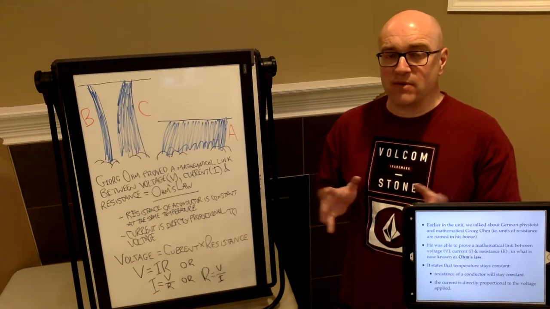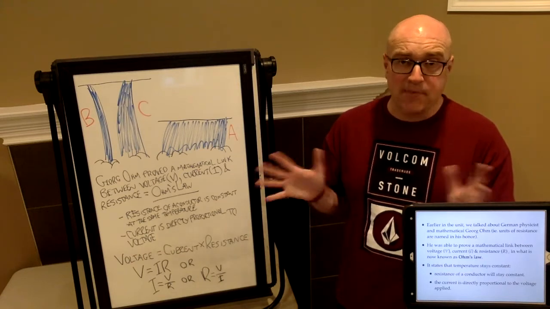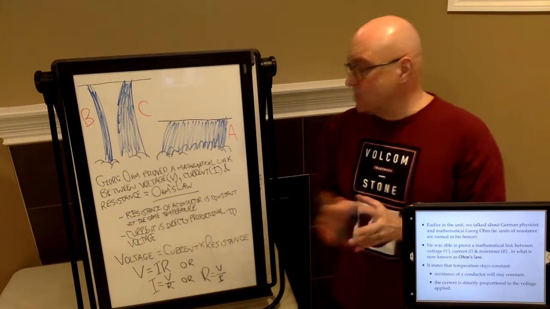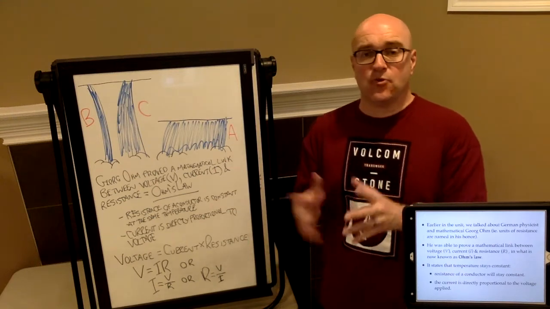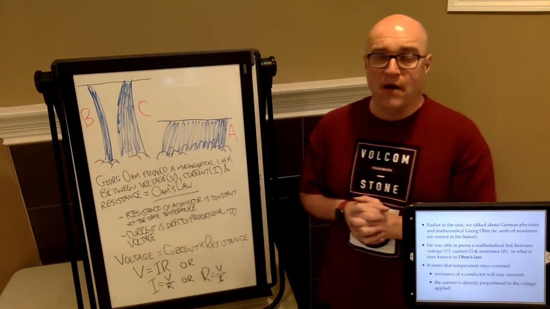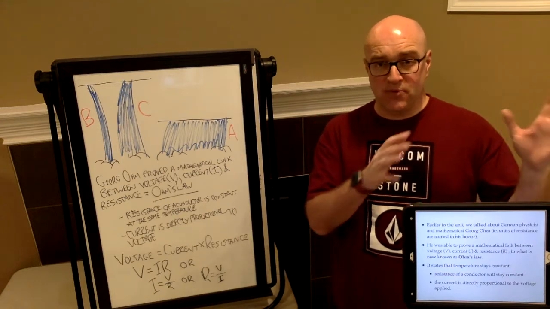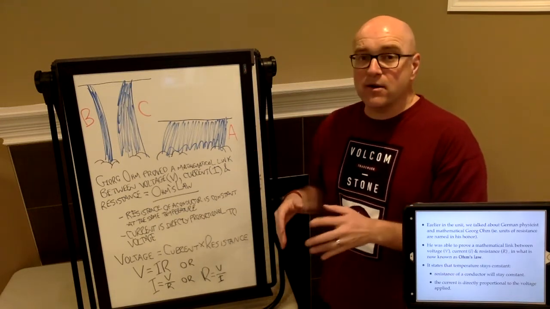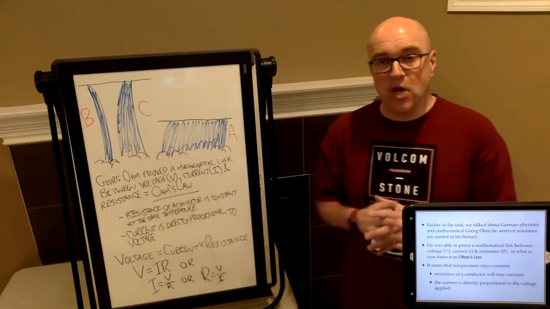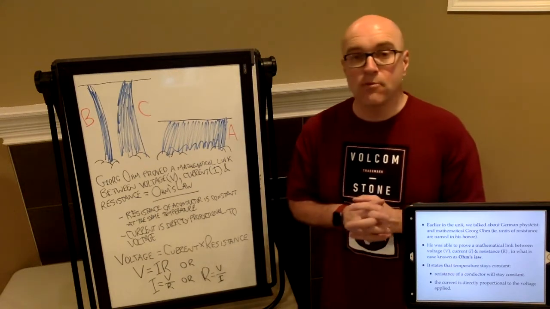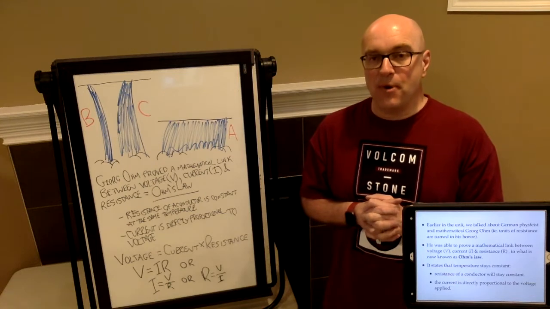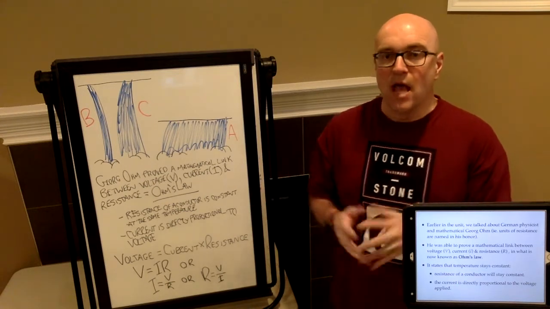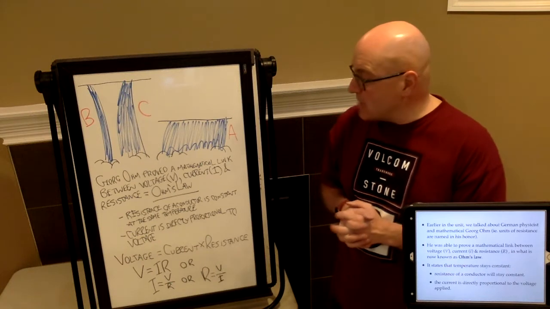And through his research, he discovered that there was actually a relationship between these three measurements of electricity. He discovered there was a relationship between voltage and resistance and current. And that relationship got put into what is now called Ohm's law. He proposed this law, and we still follow this law today because it's just as accurate now as it was back when he proposed it in the early 1800s.